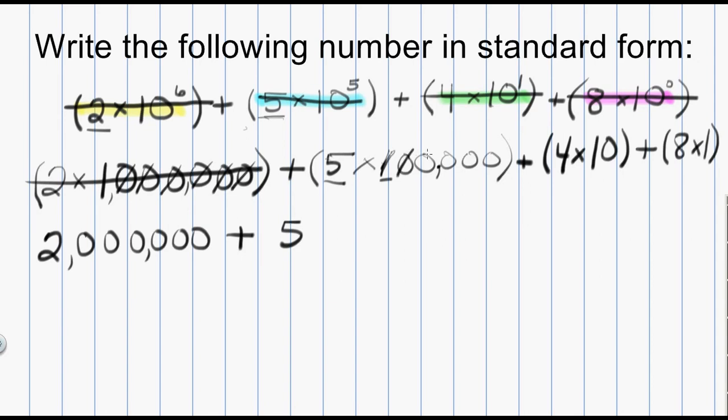Then bring down 5 zeros. So 1, 2, 3, 4, 5. Then 4 times 10, 4 times 1 is 4. I have 1 zero to bring down. And then finally, 8 times 1 is 8.